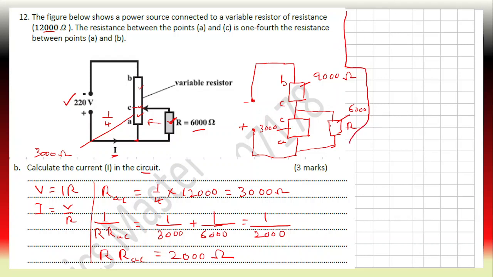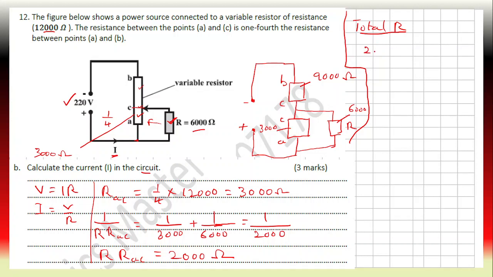So we have this combined. If you combine these two, we get 2,000. Now we combine them with the one from C to B. They are now in a series connection, so we just add them.